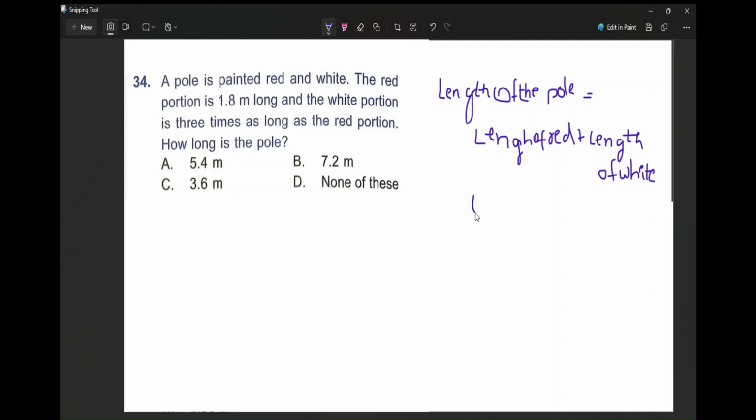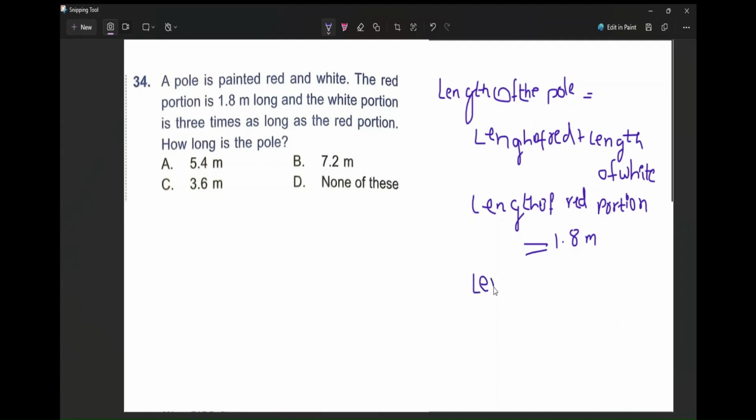Length of the red portion is given already. Red portion is already given, so it is 1.8 meters, and white portion is 3 times as long as the red portion.